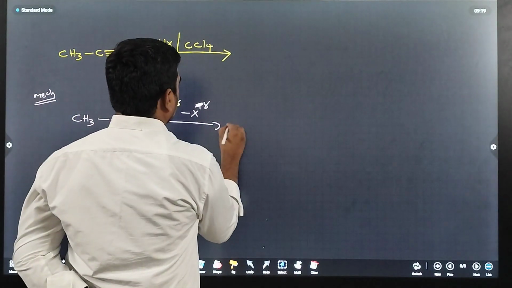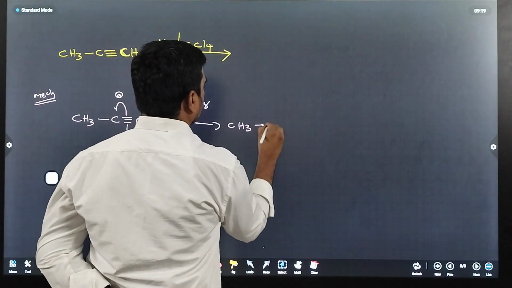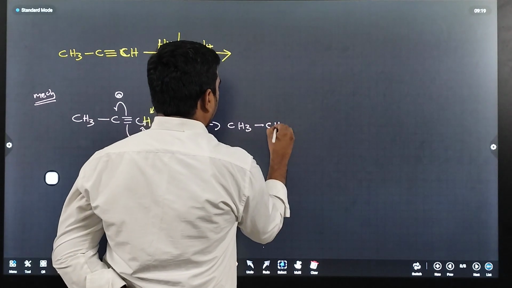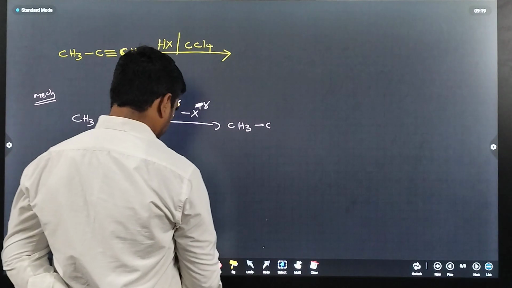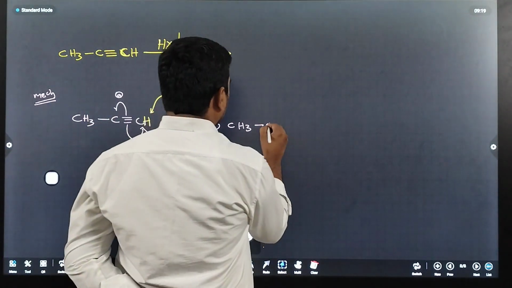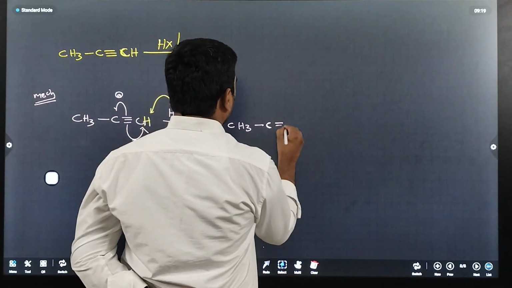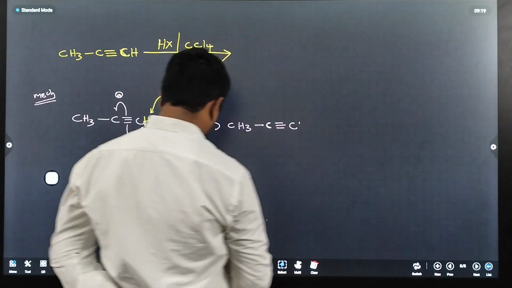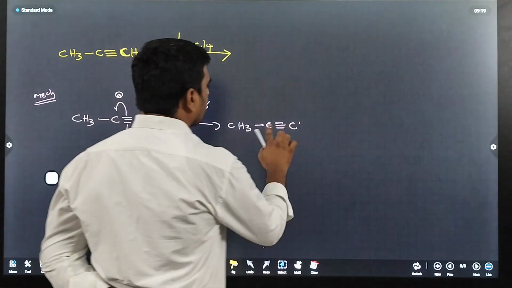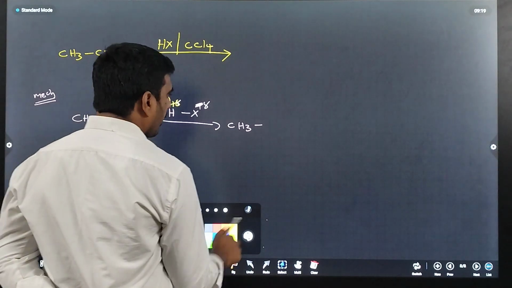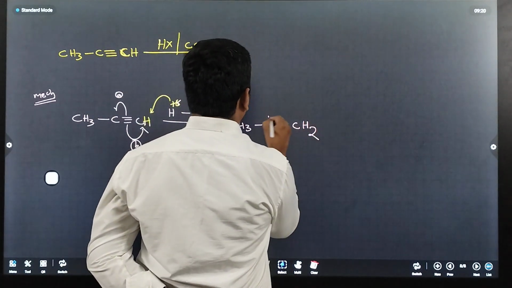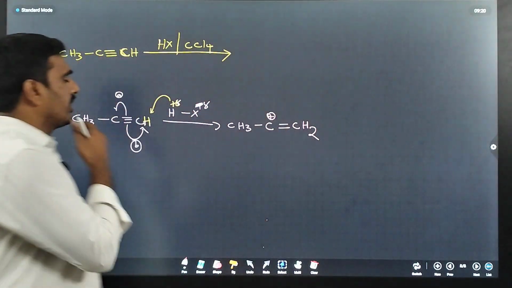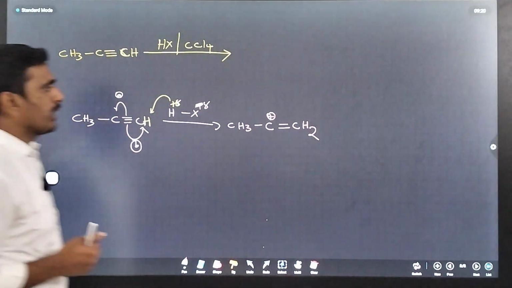So we get CH3, C triple bond, so this carbon has a positive charge.